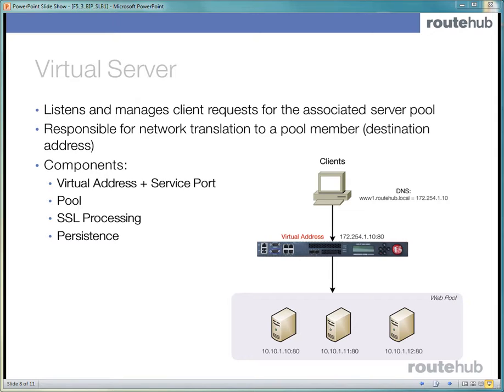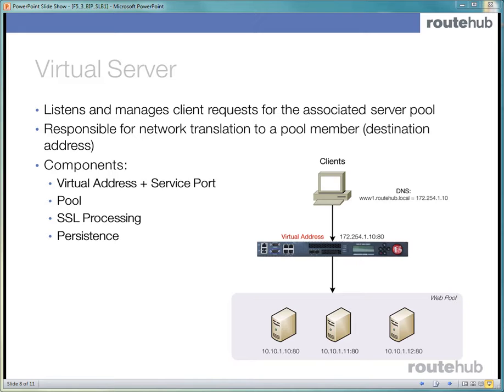This also contains many configuration parts to set up a virtual server. It involves adding a virtual IP address, sometimes called a VIP. This would be an IP address that would be mapped to some DNS name that the client would connect to. Plus, with that virtual address, you need to specify the service port, which will typically be similar to what you set up in the server pool like port 80.